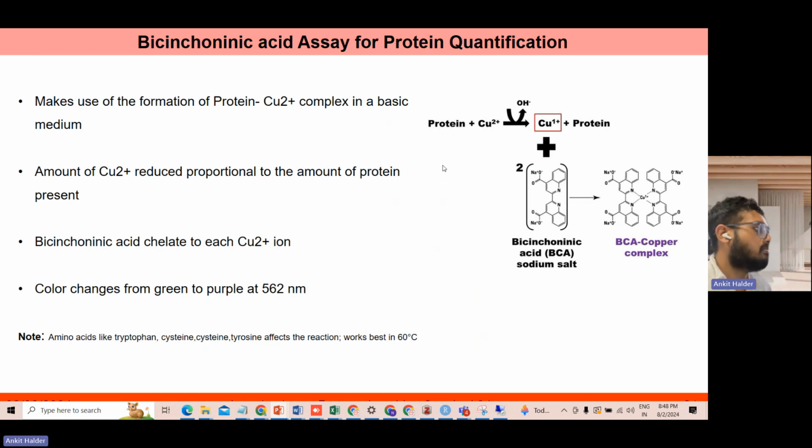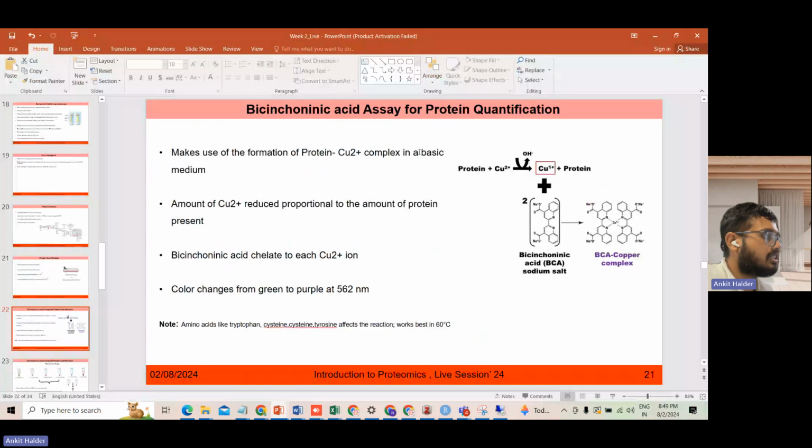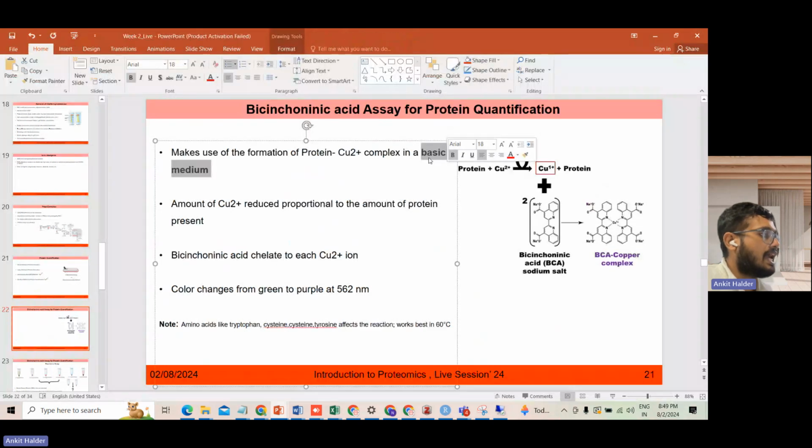So what is the principle of the bicinchoninic acid assay? It uses the formation of a protein and copper complex in a basic medium. Okay. So this is important. The terms that are important here are the basic medium and the protein copper complex.